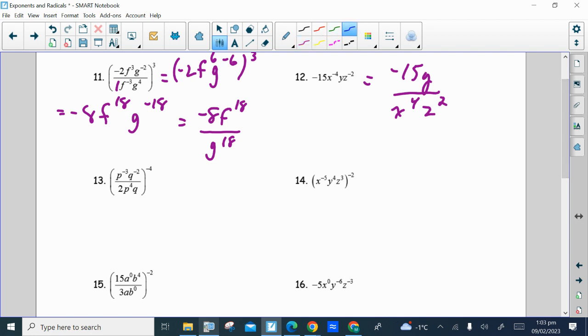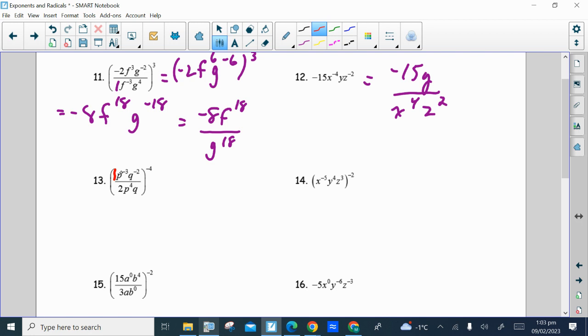All right, looking at number 13. Technically, there's a 1 in front of the p, and there's a 2 on the bottom. Now, you cannot divide 1 by 2 and write anything different. It stays 1 over 2, or 0.5. Okay? But for now, the 2 is going to stay on the bottom as I work through this.